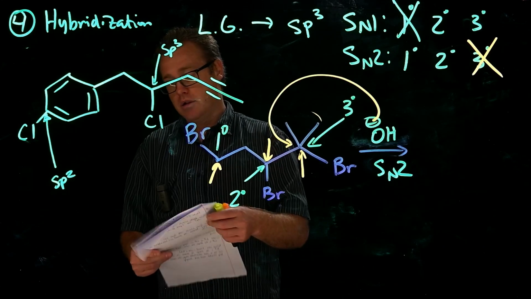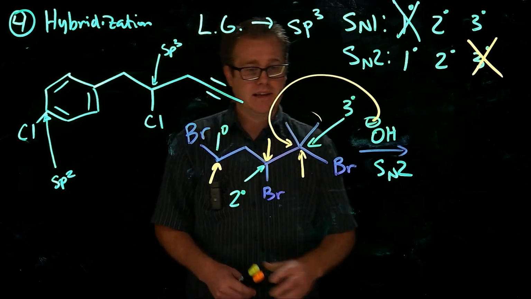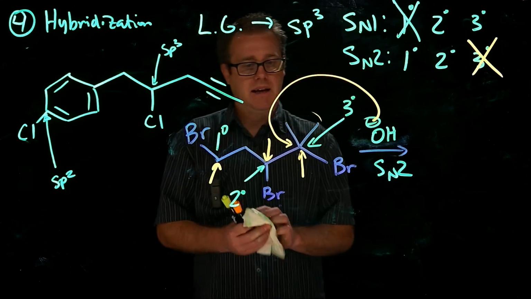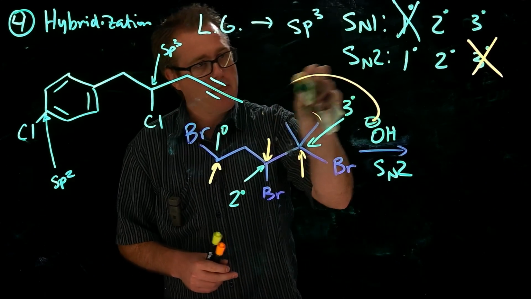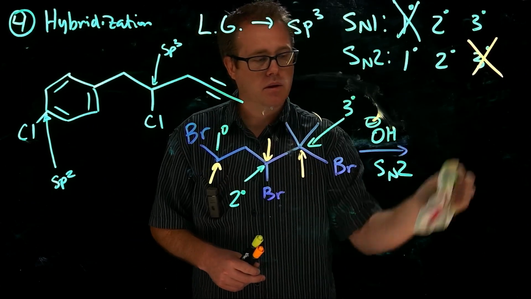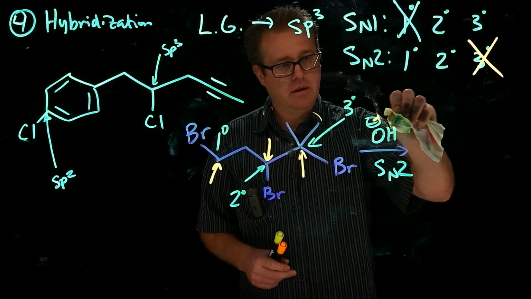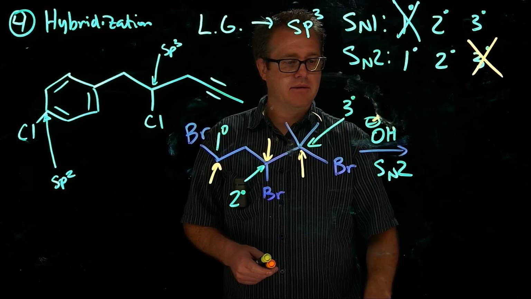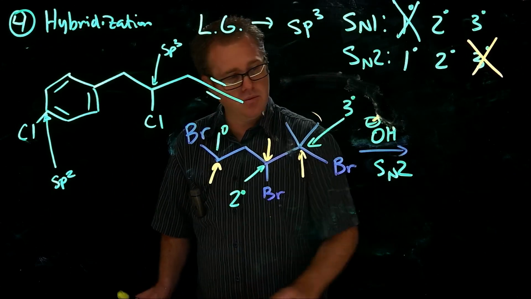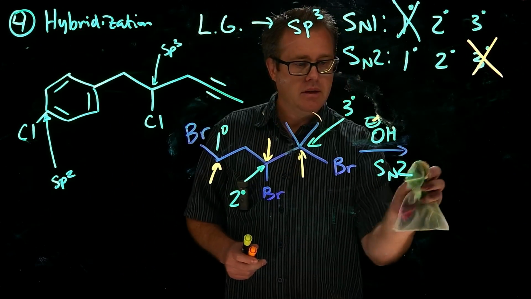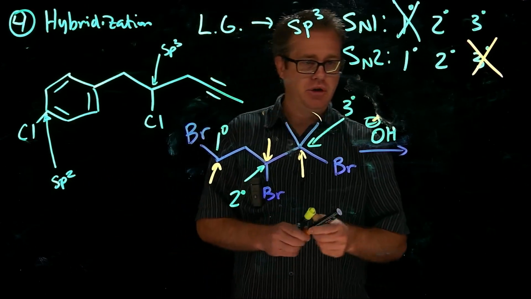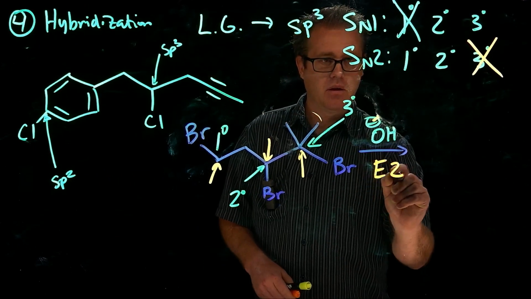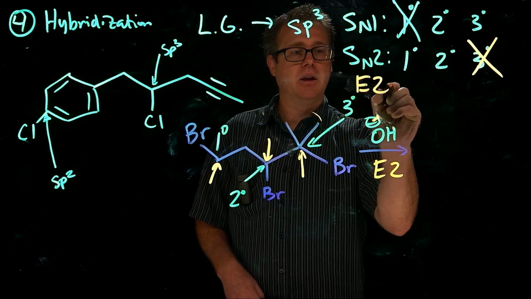Now, let's take a look at the same molecule here. It's getting a little bit messy, so let's clean it up. What if we use the hydroxide right there as well? And let's invoke an E2. What if we have an E2 mechanism?